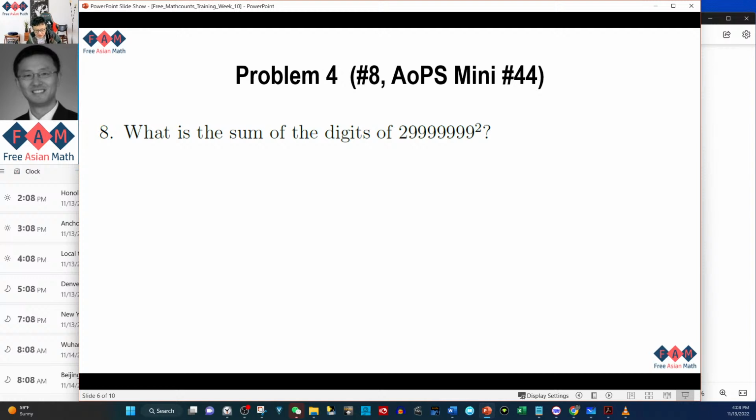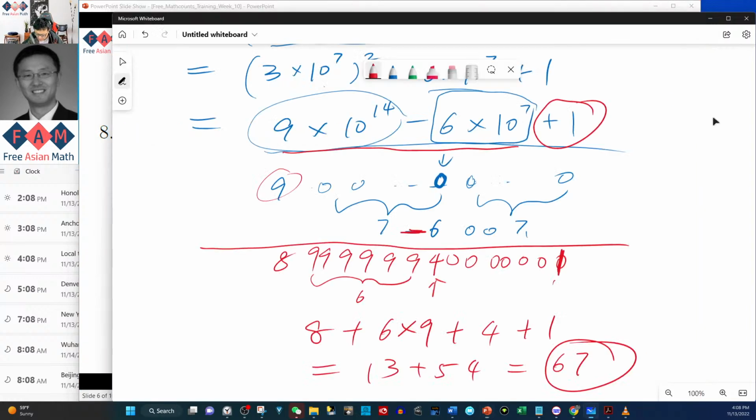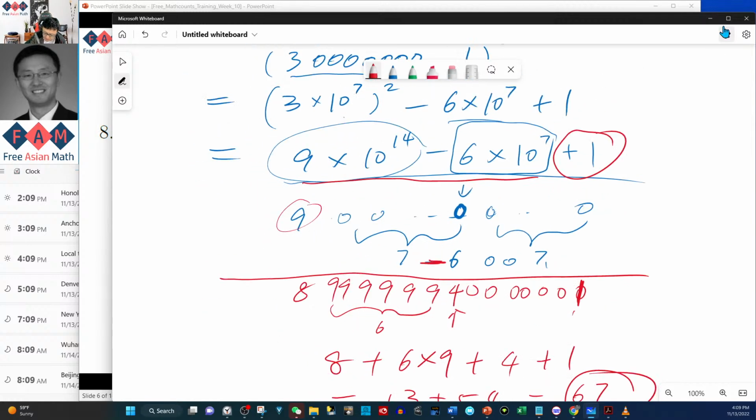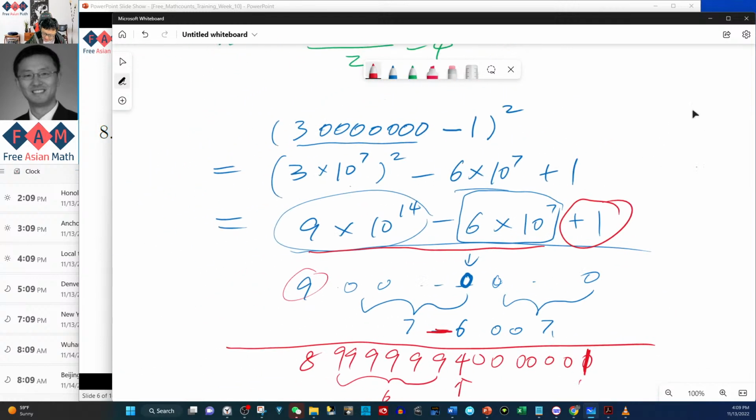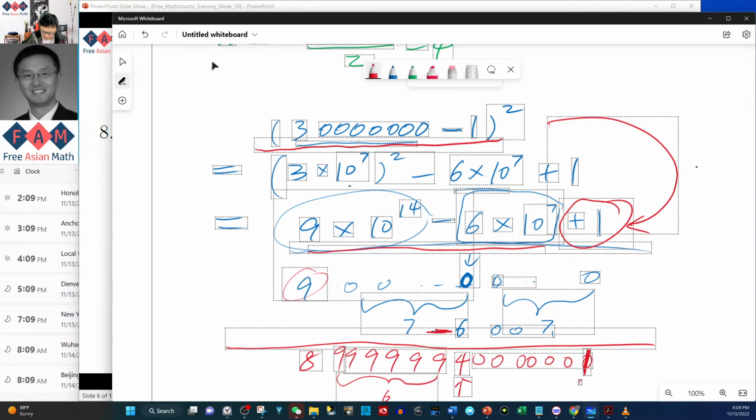All the zeros, you certainly want to represent 29999 as 30000 subtracting 1. Then use the binomial square formula to expand this one, right? And the rest is just straightforward. Okay, that's what we have for this problem.